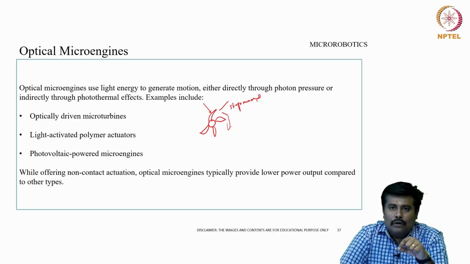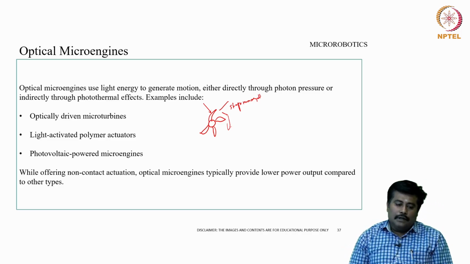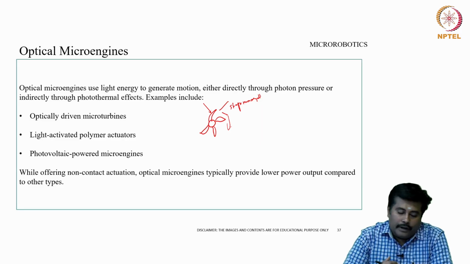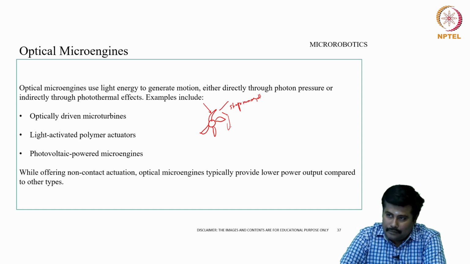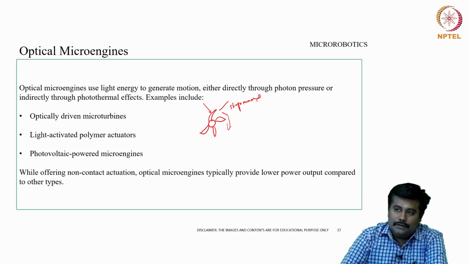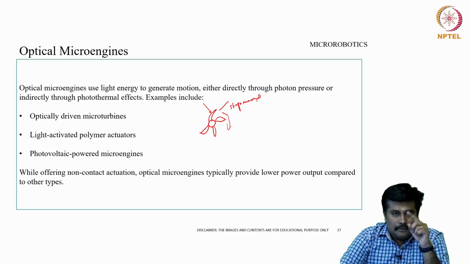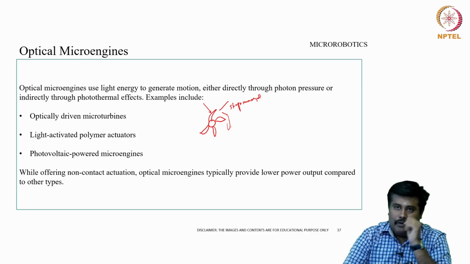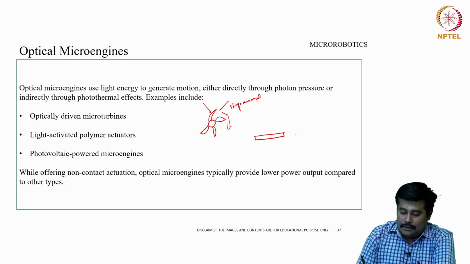In most cases a monochromatic source, ideally a laser, will be used for such actuation for efficient rotations. Then we have the light activated polymer actuator. In fact, when we were studying the different types of actuators, we saw some of these light activated polymers. When light interacts with these polymers, they get displaced. When the light is cut off, they come back to their shape. For example, let us consider a light activated polymer which is trained in an omega shape.